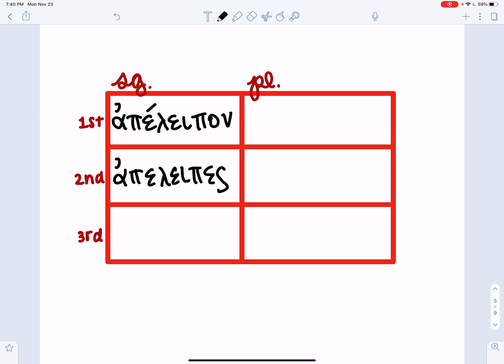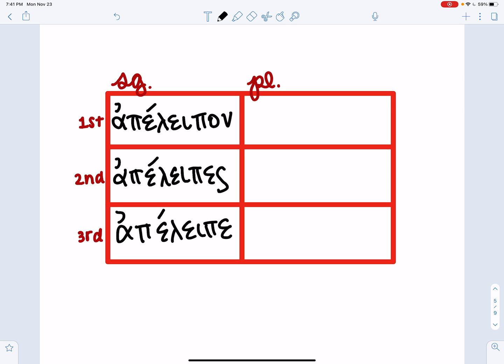And then here, let's go through our rules for accenting. Start on the last syllable. Go back. No, let's not do that. Go back 2 syllables. So 1, 2, because that epsilon on the end was short. Now, third person singular. Apelepe. Go back 2 syllables because that epsilon on the end is short again.